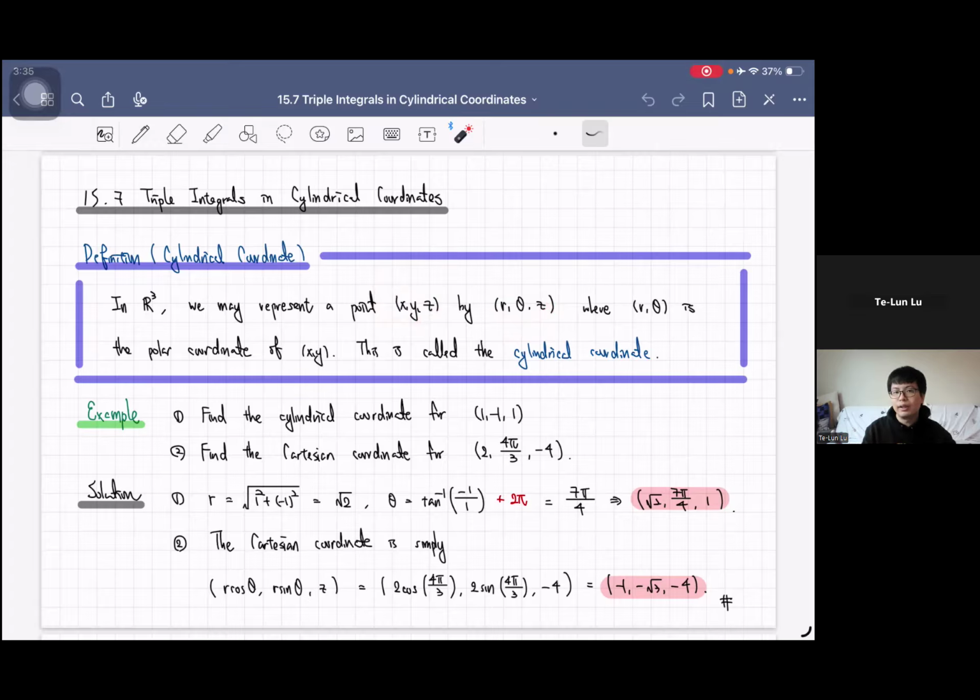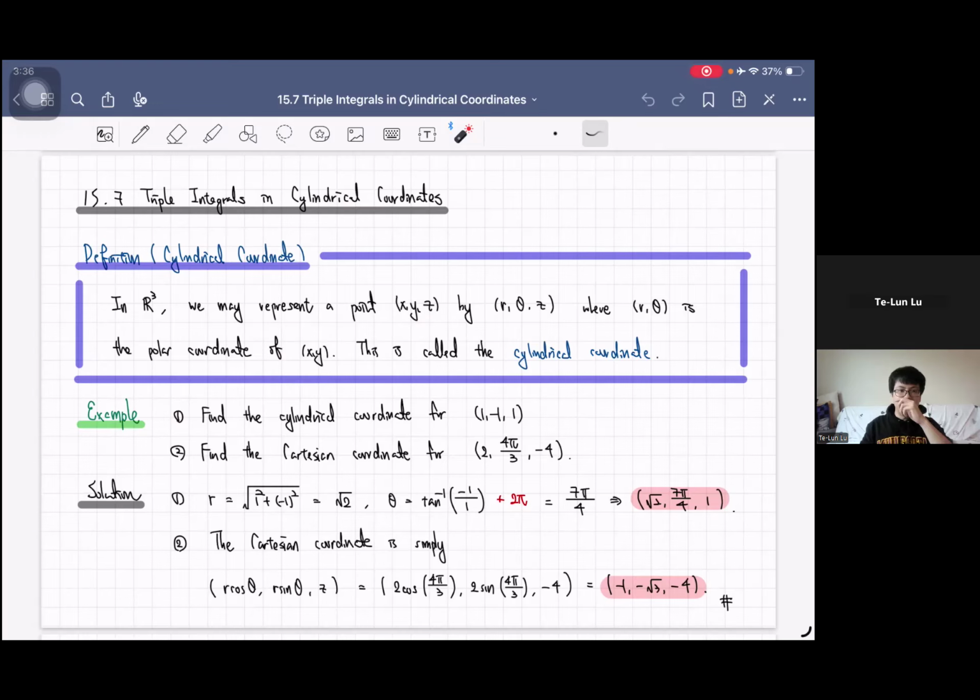And of course, we don't really restrict you on the choice of x and y. If something is symmetrical in y and z, then you can choose y and z to be r cosine theta and r sine theta, where x is fixed. So this kind of coordinate system will be useful when we're considering some function or domain of integration that is symmetrical with respect to a line.